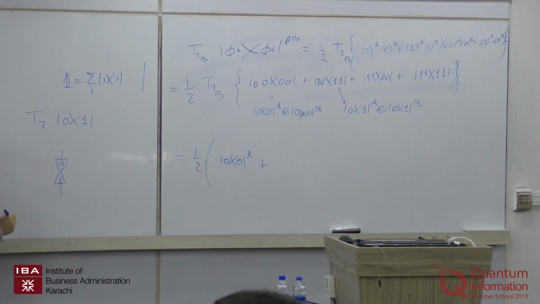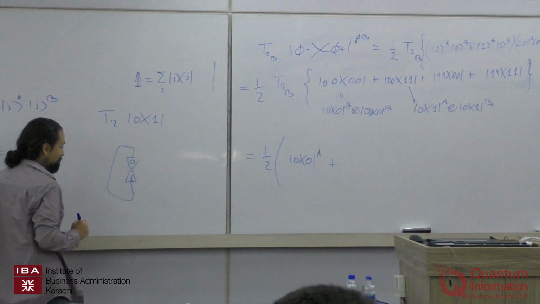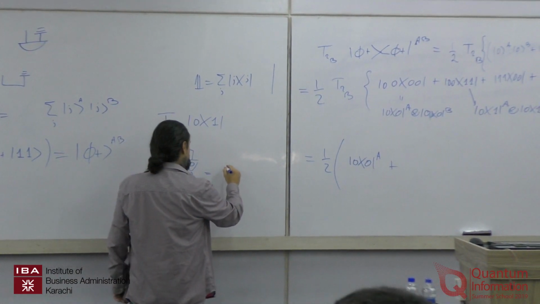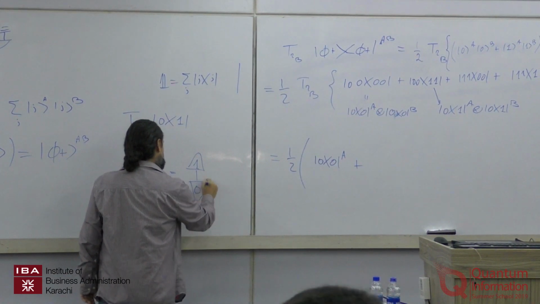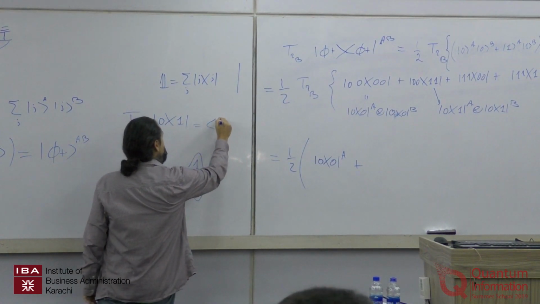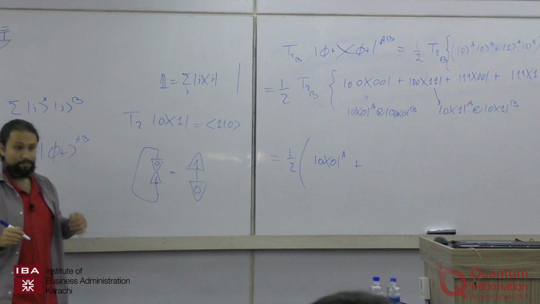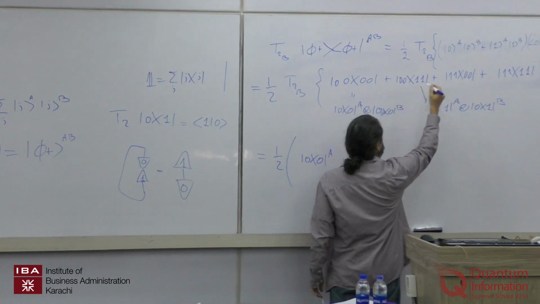The ket goes this way, and the trace, remember, is a line that goes around like this. But now we unwrap this, and it's equal to 1, 0. So this is the scalar product between 1 and 0, which is equal to 0. Okay, so this term gives us 0.